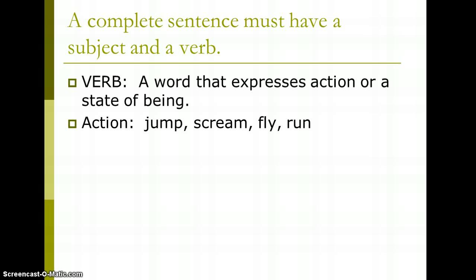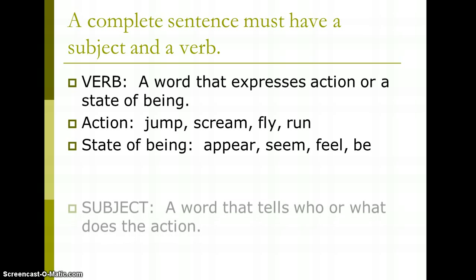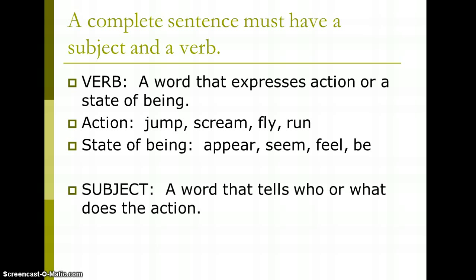You can almost take a picture of that. A verb that is a state of being would look like something like appear, seem, feel, or be. A subject, by definition, is a word that tells who or what does the action. I'm sure you've heard all of this before.